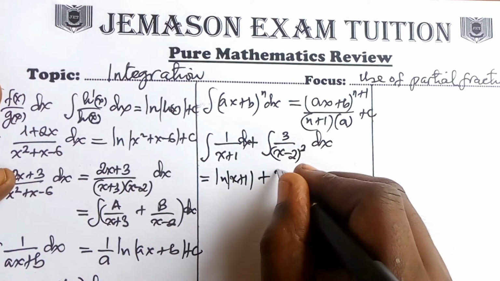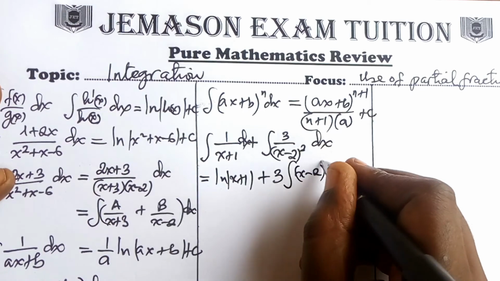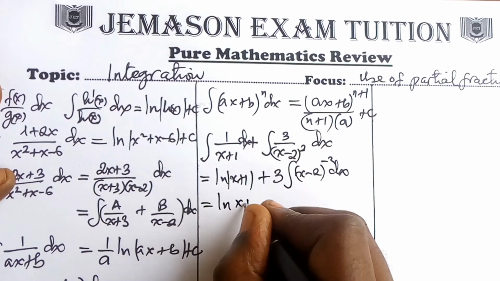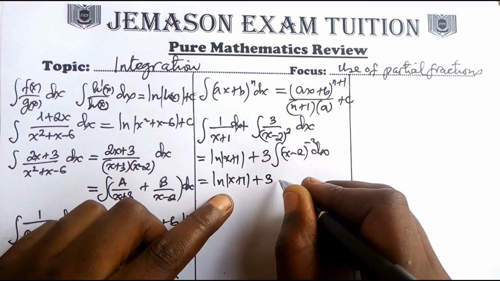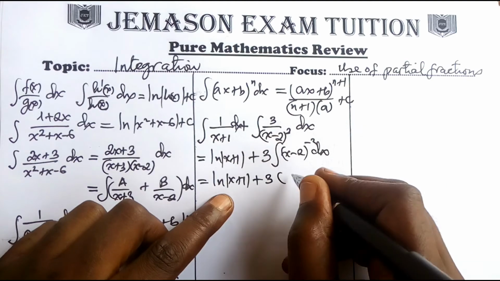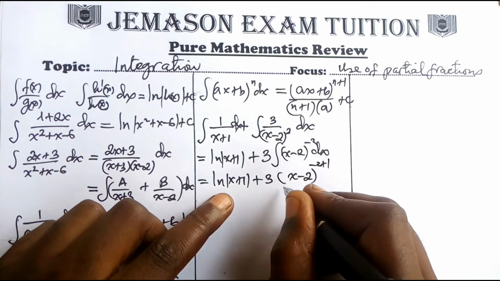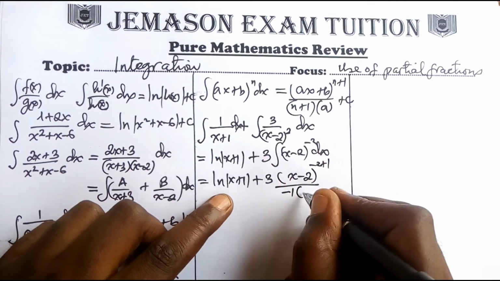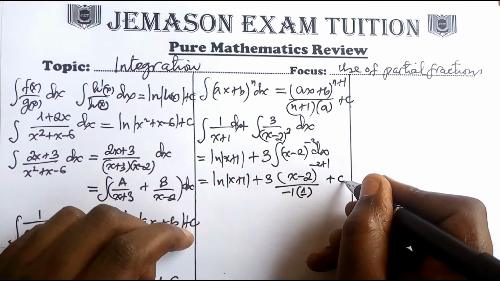Plus I will have to rewrite the second as 3 times the integral of x minus 2 to the negative 2 dx. This will give ln of x plus 1 plus 3 times, applying this formula, x minus 2 to the power negative 2 plus 1 all over the result of that power, which is negative 1, into the differential of the bracket, which is 1, plus c.